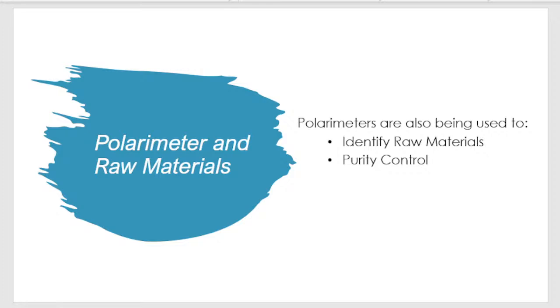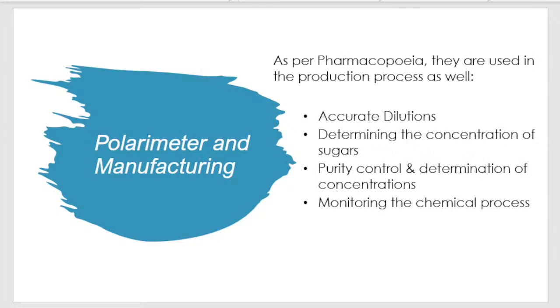Okay, and then the third place where polarimeters can be used is in the manufacturing of pharmaceuticals. This is almost exclusively following the pharmacopoeia.